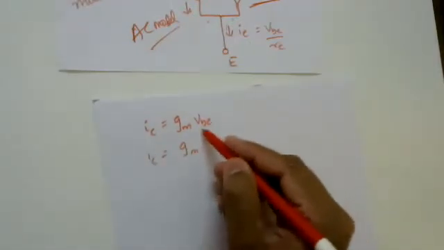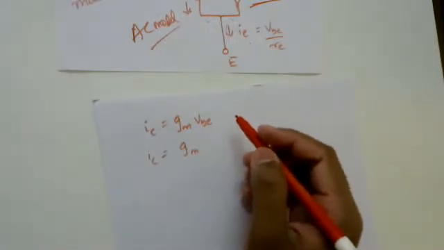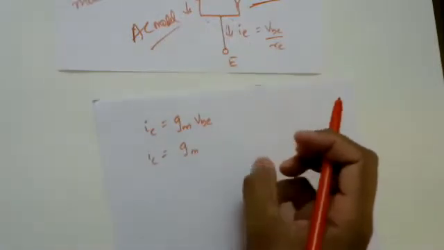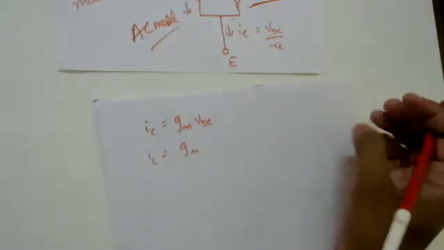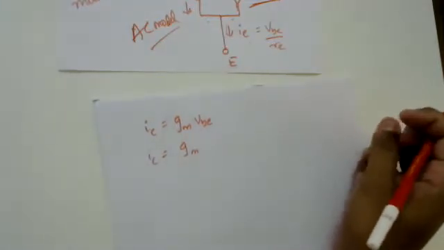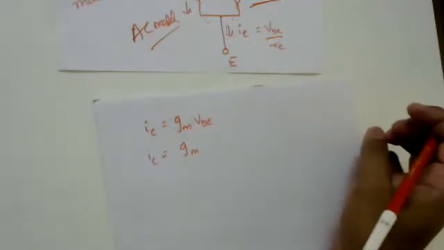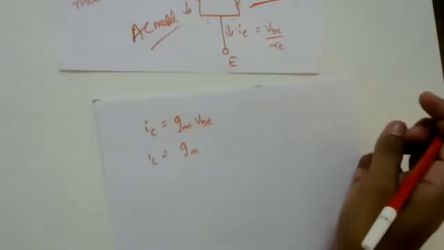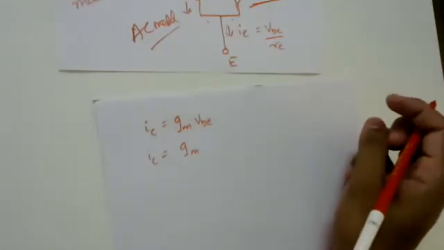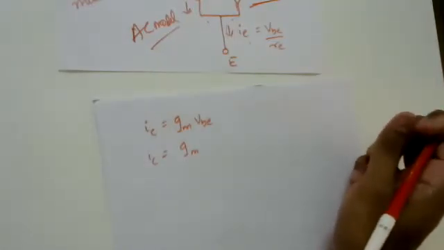How can I write this VBE? Any suggestions? Any inputs from your group chat? Any equations that I can use?